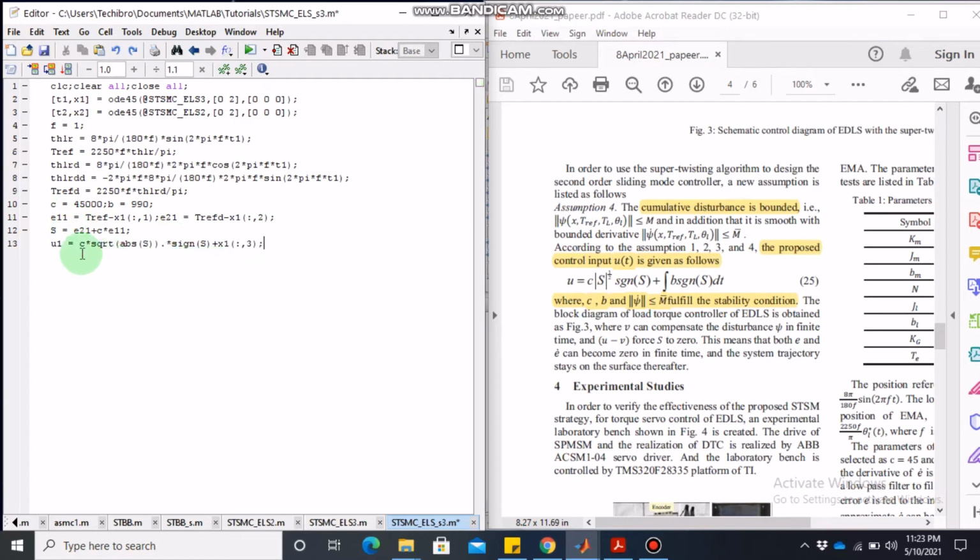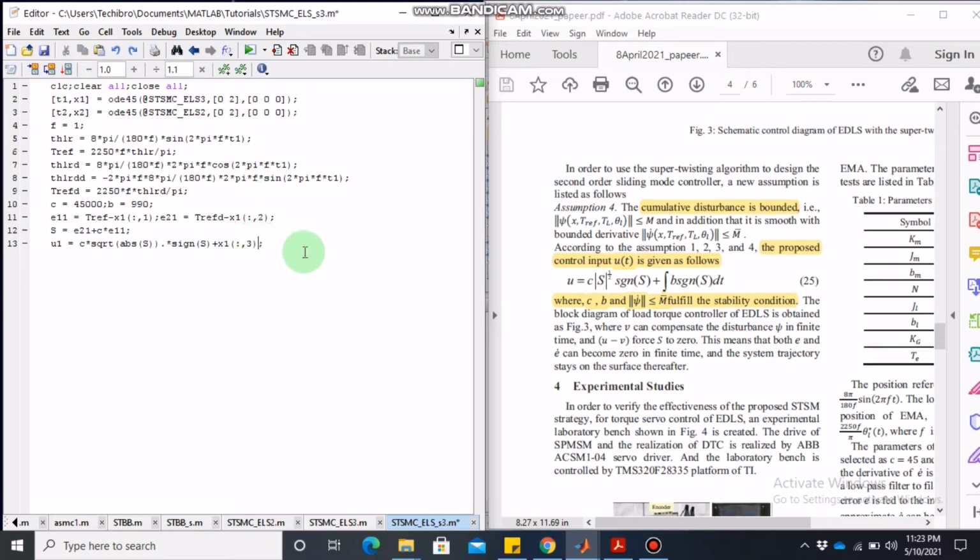U1 is the sliding mode control, exactly the same as before, but here instead of using X1, so this is X1 all rows and the third column. That means that this will be all the data points that are obtained by solving this equation of the third state variable.